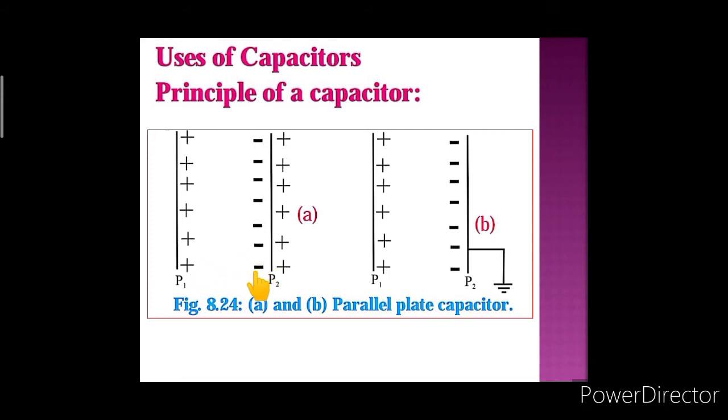Then by induction, negative charge is produced on the nearest face and an equal positive charge develops on the farther face of P2. The induced negative charge lowers the potential of the plate P1, while the induced positive charge raises the potential of the plate P1.